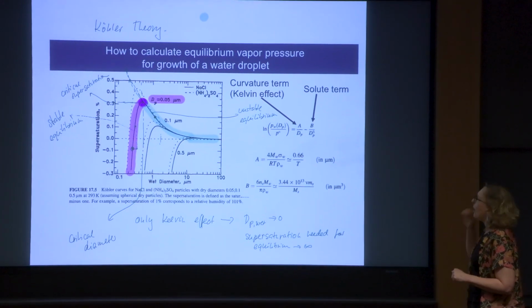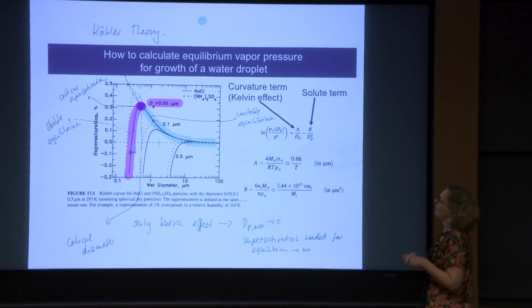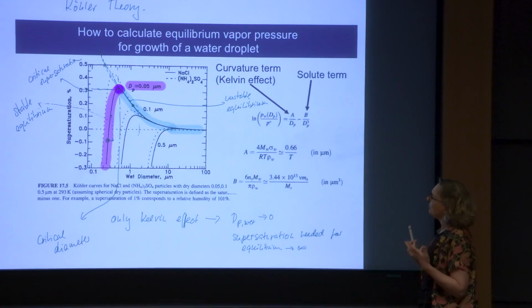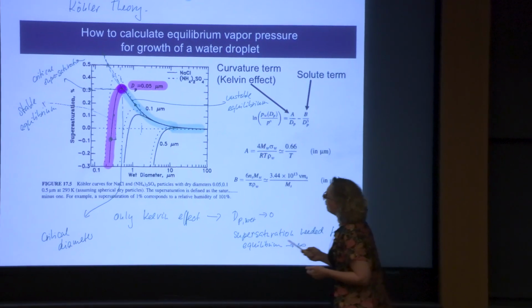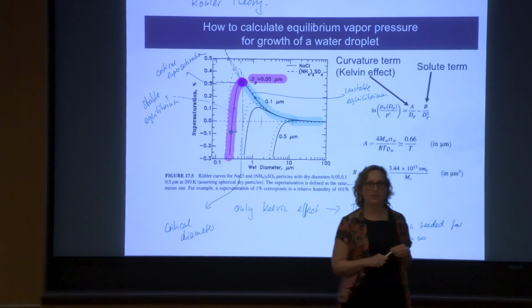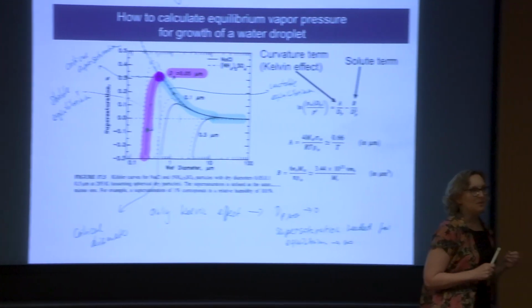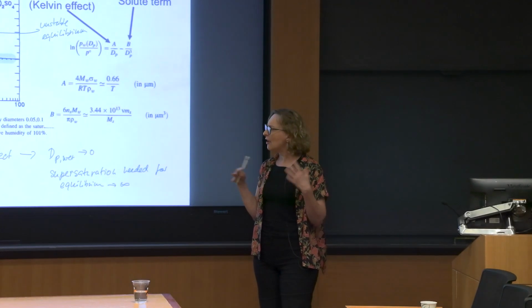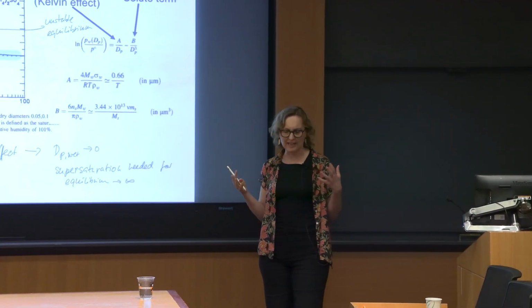I think I've had, oh yeah, so the other thing, this is now where the meteorology comes in, right? So what determines what supersaturation you have, right? And so that is determined by how we make supersaturations in the atmosphere.